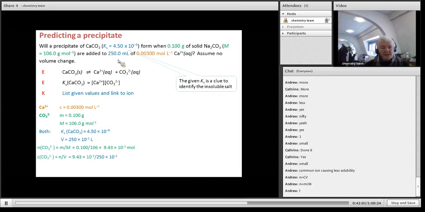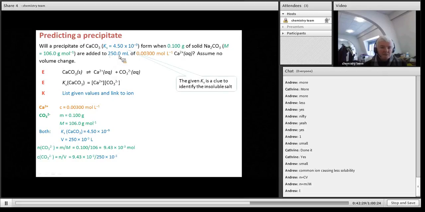So I always have to change my volume to liters. The easiest way is to say, I've got 250 milliliters, so times it by 10 to the minus 3. You just go in your calculator, exponential, 3, minus, and then you've got it in liters. So instead of wondering, is it 0.0025? Is it 0.25? Is it 2.5?